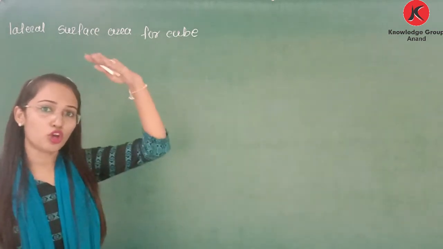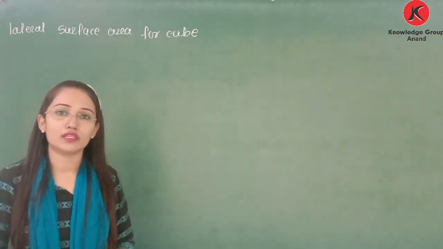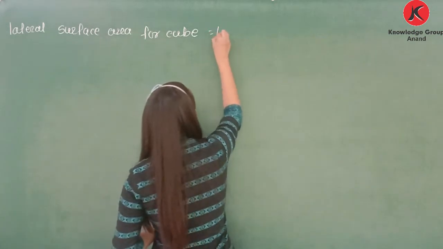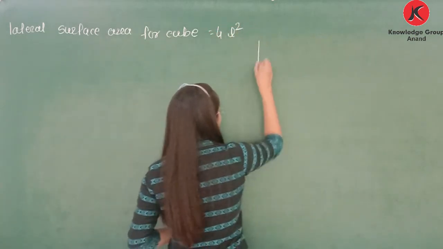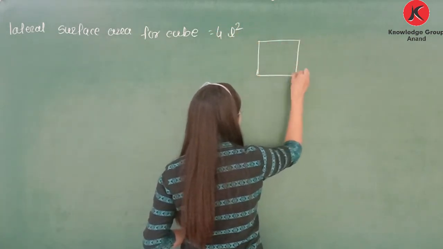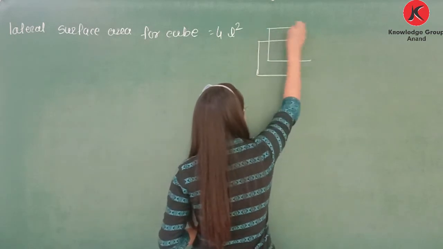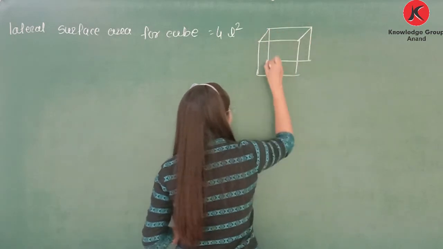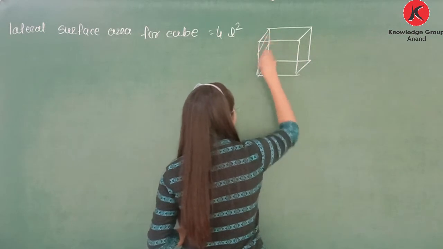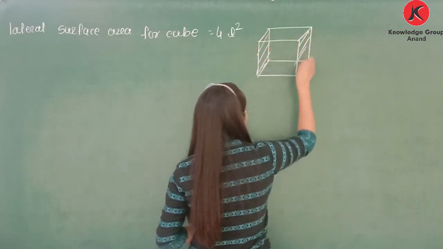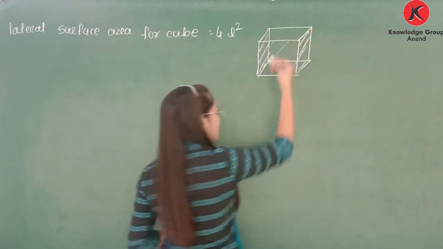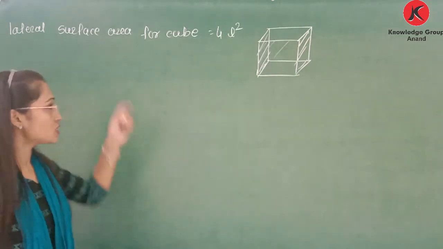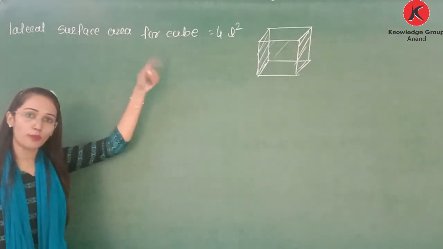If we remove the top side and bottom side, the lateral surface area will be 4L square. What is lateral surface area? We need to only consider the front side, back side, and 2 side faces. So it is 4 because we are removing the top and bottom.